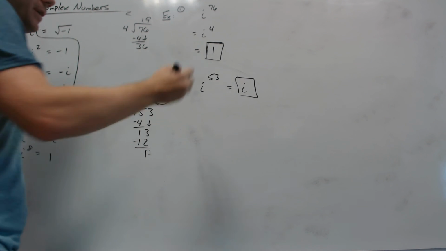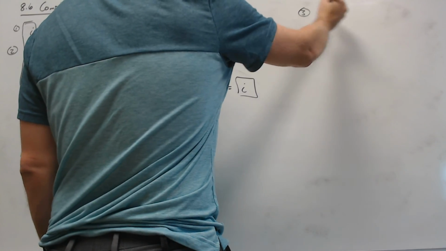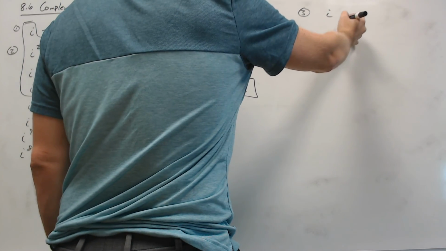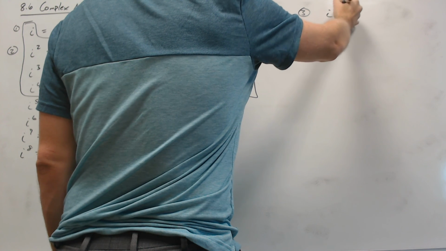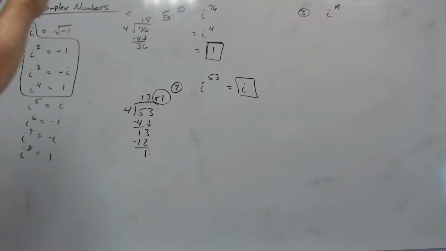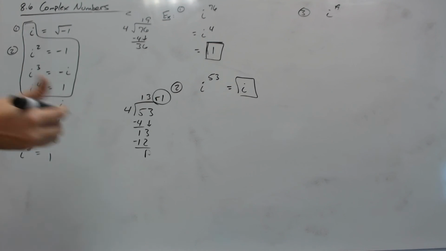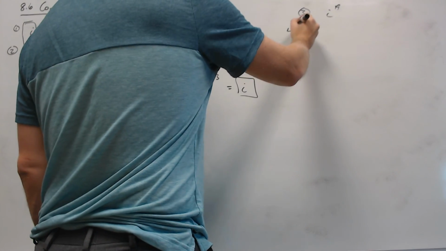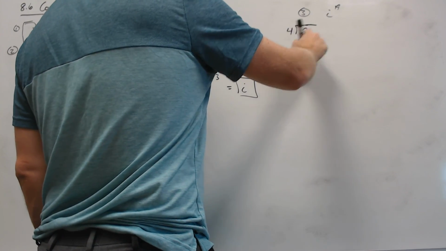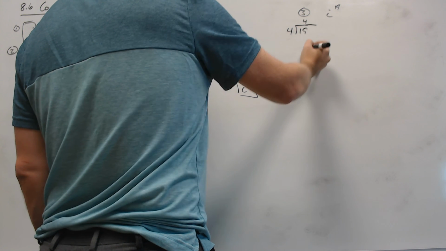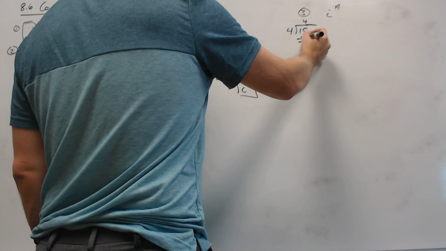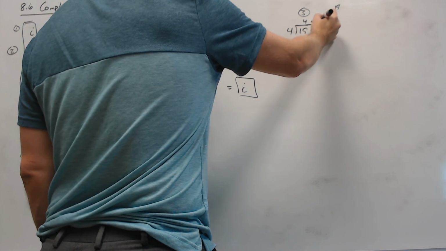All right, so let's do one more. Let's do i to the 19th. Again, we can just check how many times 4 goes into 19. Doesn't really matter, it's just the remainder. It goes into it 4 times, with a remainder of 3.